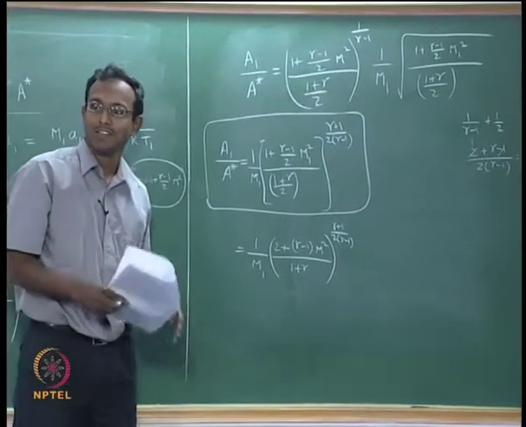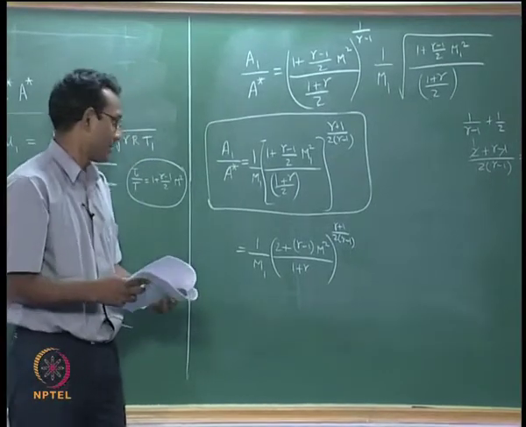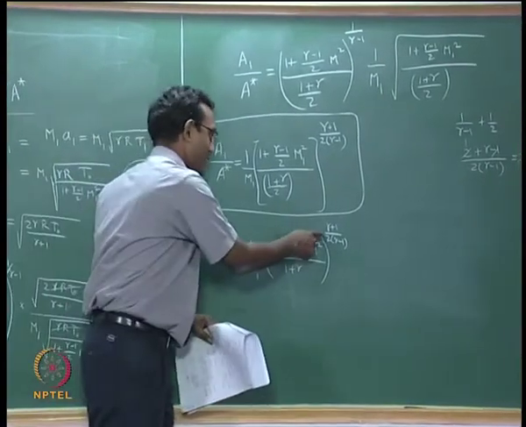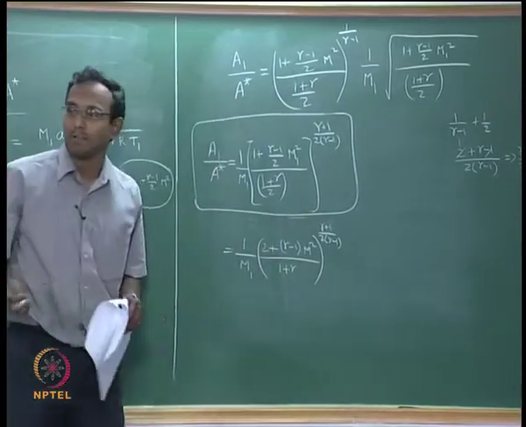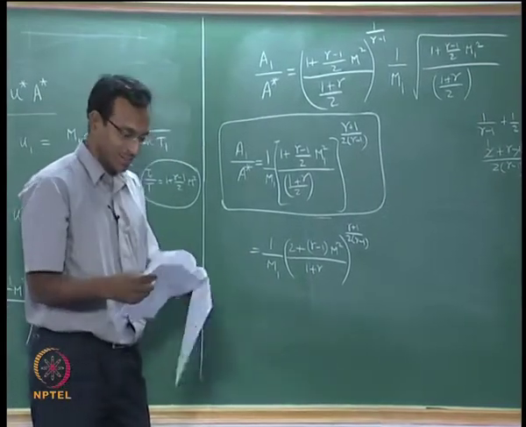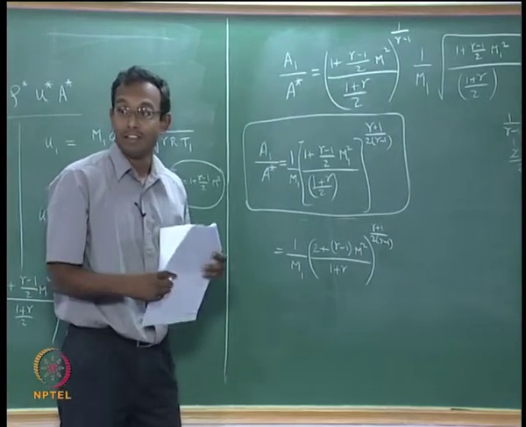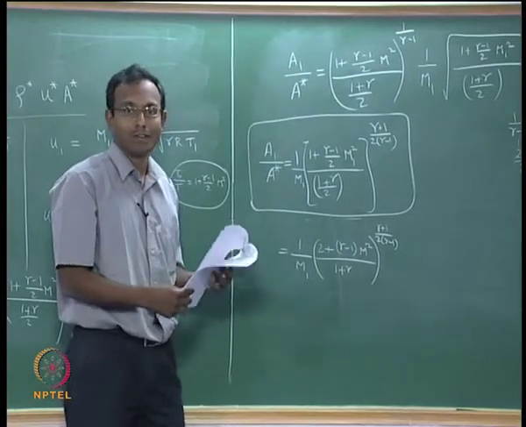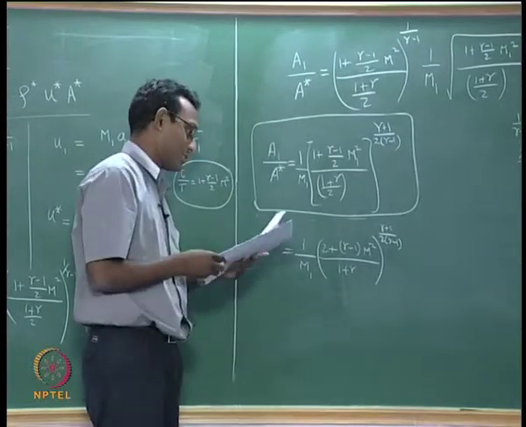This is probably easier if you are doing your own coding for this function. Or I will take this divided by 2 as a square root in here for this whole thing. That is another way people write it, different ways of writing it. Whichever form you remember is good for us. This is called the area Mach number relationship, very useful in calculating Mach numbers at different points in your duct.